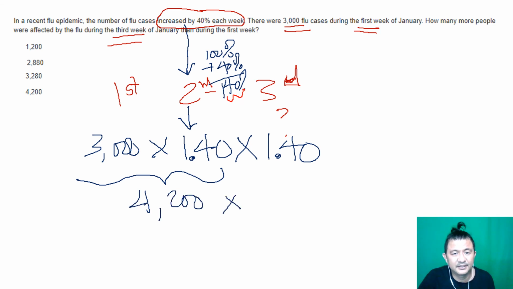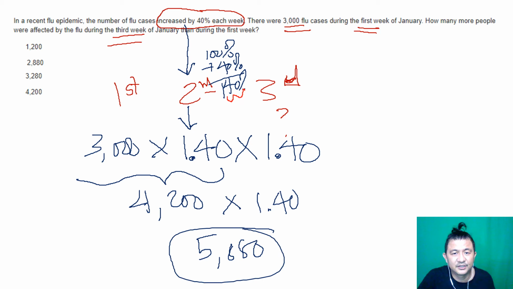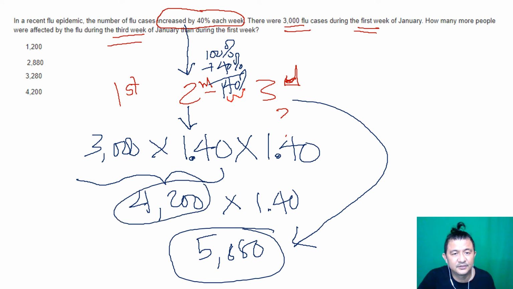Then multiply again by 1.40. You will get 5,880. Okay, that's on the third week. So this is the third week. This is the second week.